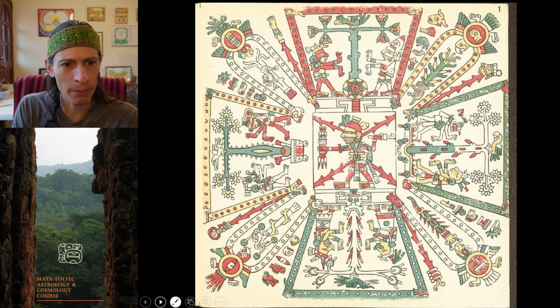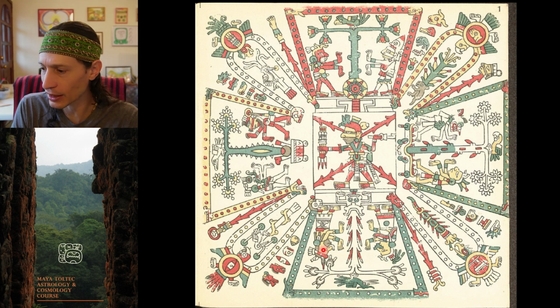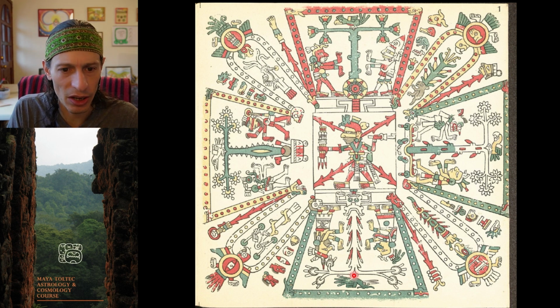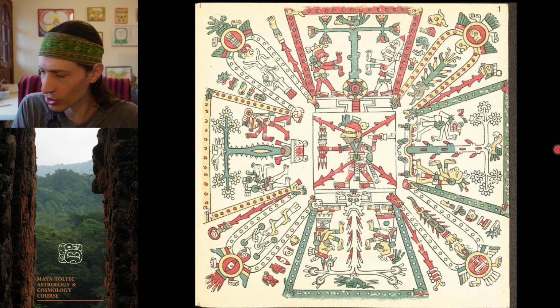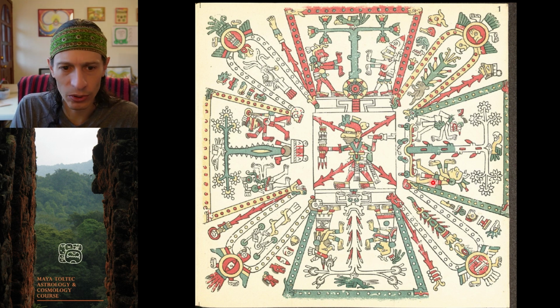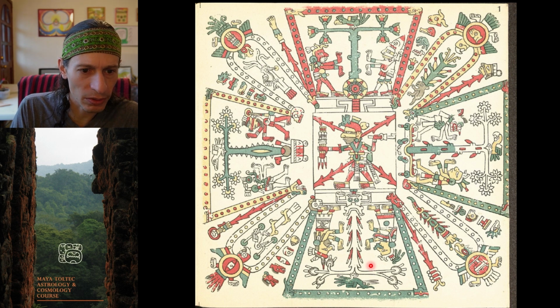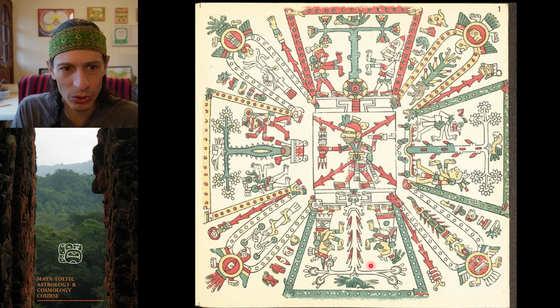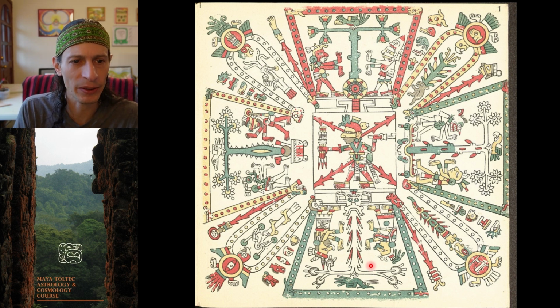This is a Mixtec version of the same thing, but in this version you can see that there are specific plants that are placed and a specific bird that is placed in each one of the directions. So each one of the directions has its own gods, its own plants, its own symbols, its own kind of world. There are four worlds, four directions.